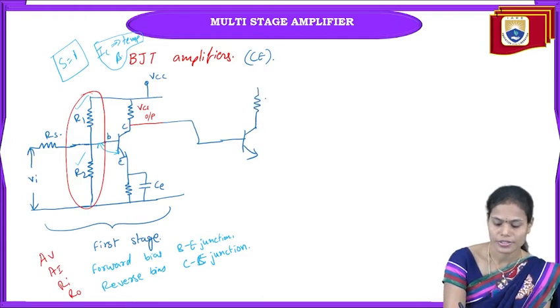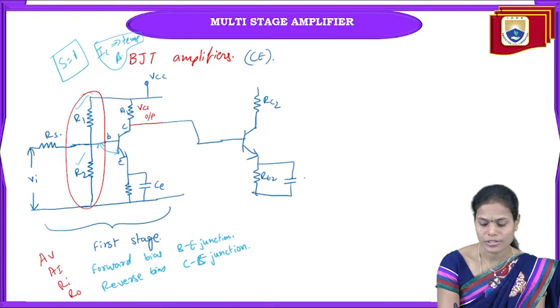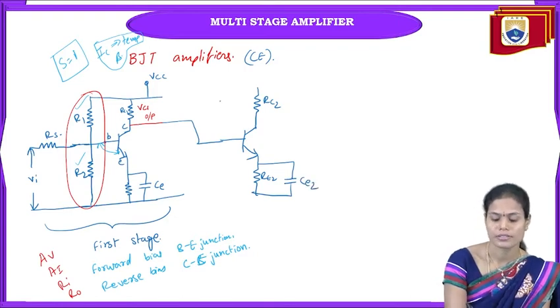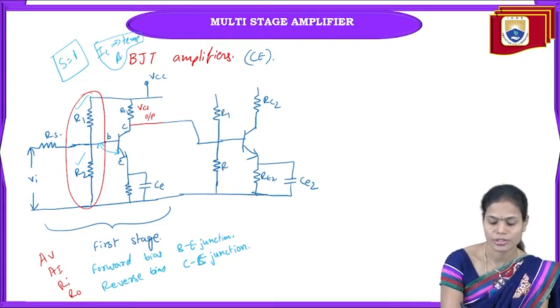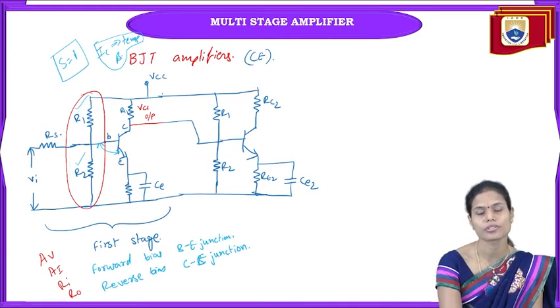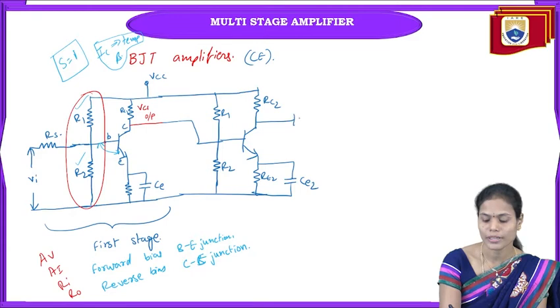With collector resistance RC2, here it is RC1, emitter resistance RE2 and the bypass capacitor CE2. And similarly, again to provide the biasing for this stage, we are using the potential divider network R1 and R2, and the supply voltage is common for all the stages. And now the output we will take across the second stage.